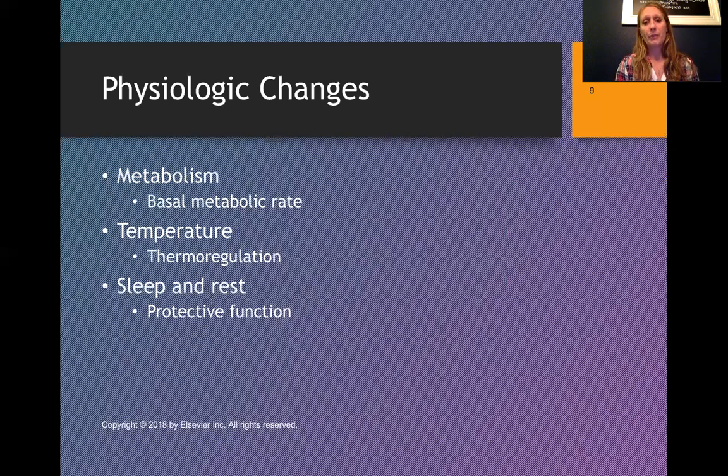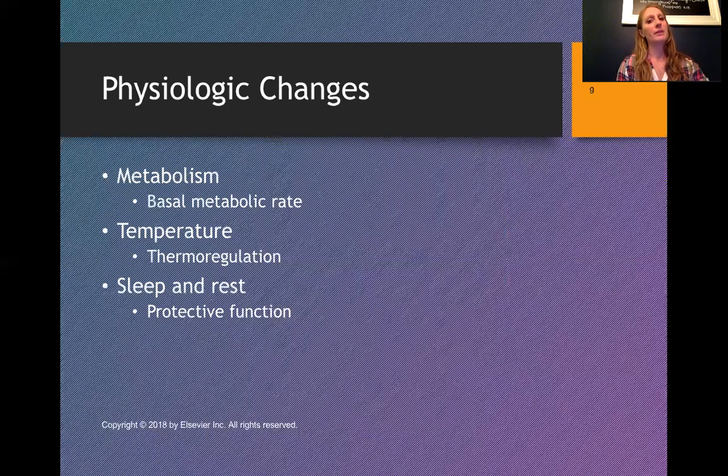For newborns, it's better to go on the side of more clothes than less clothes, because they have a tougher time keeping that heat in, because they don't have the fat that more mature children have. They also have more body surface area. So we want to make sure that we're providing them adequate coverage.